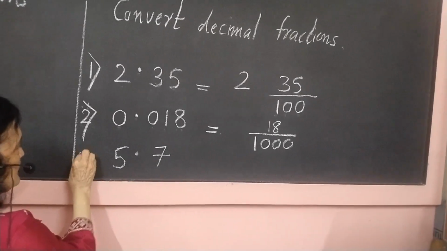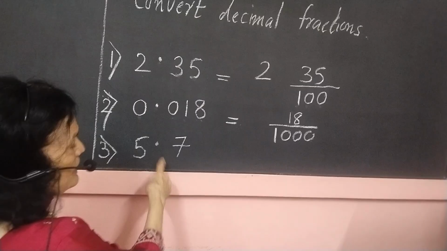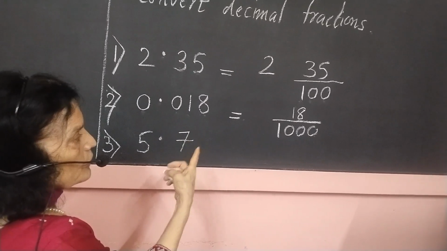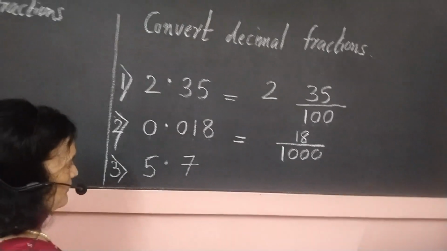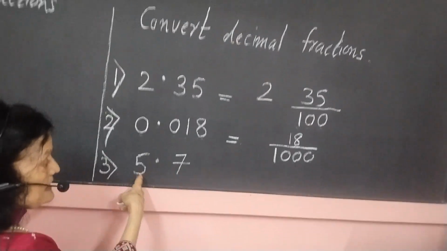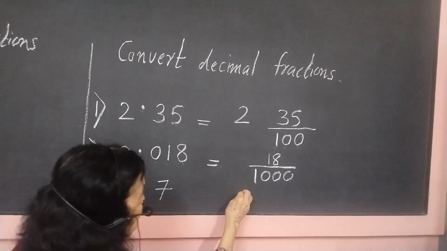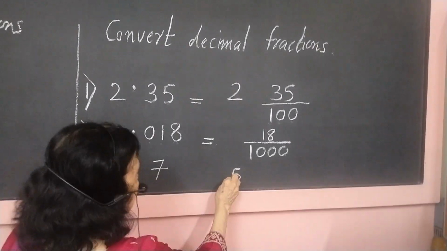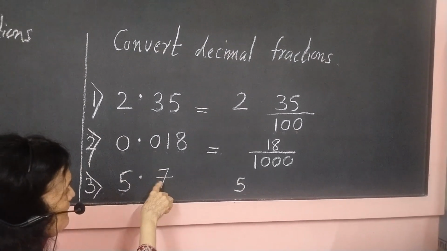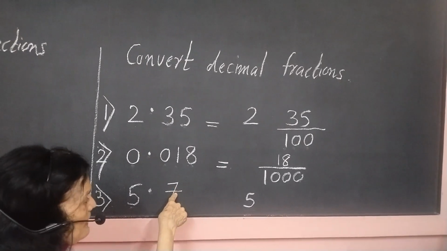Now we come on the third one. 5.7. We have to convert it into numerator denominator form. 5 means whole number is there, and hence this becomes our integer. So this is the integer. Now 7, after decimal only 1 digit is filled, that is 7.